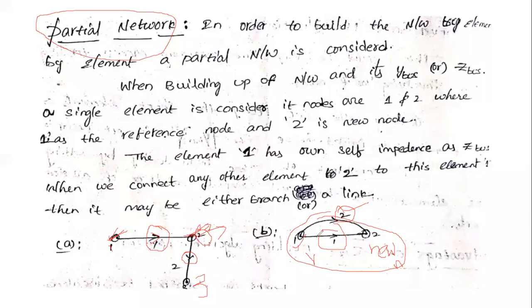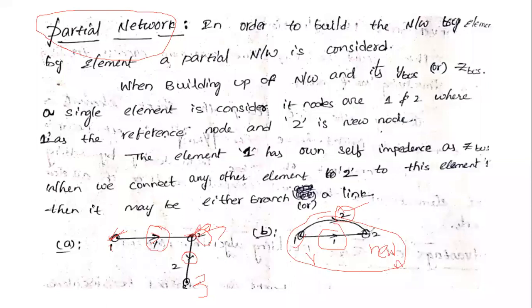To add element 1, we designed nodes 1 and 2. Therefore the first node is called the reference node and the second node is called the new node. Already we have designed nodes 1 and 2, and then element 2 is also added in between these two nodes.